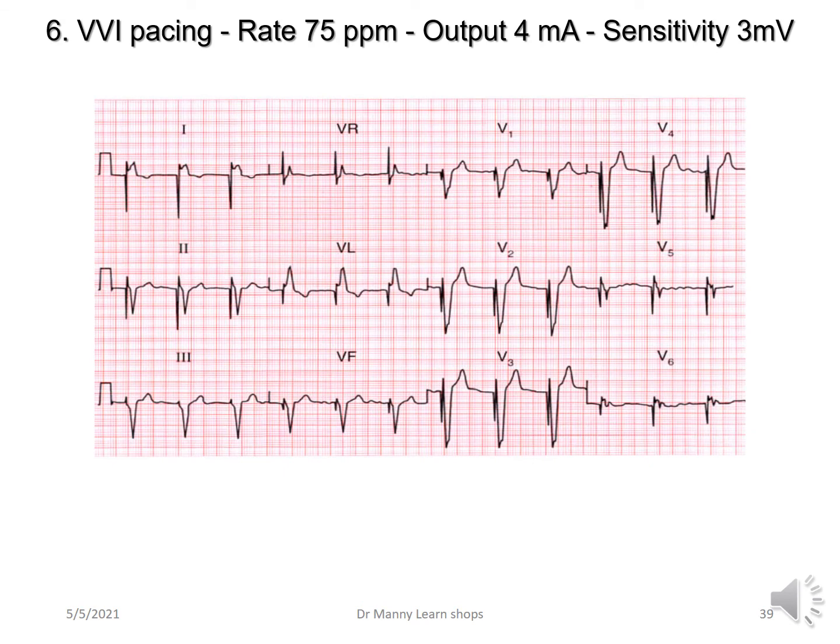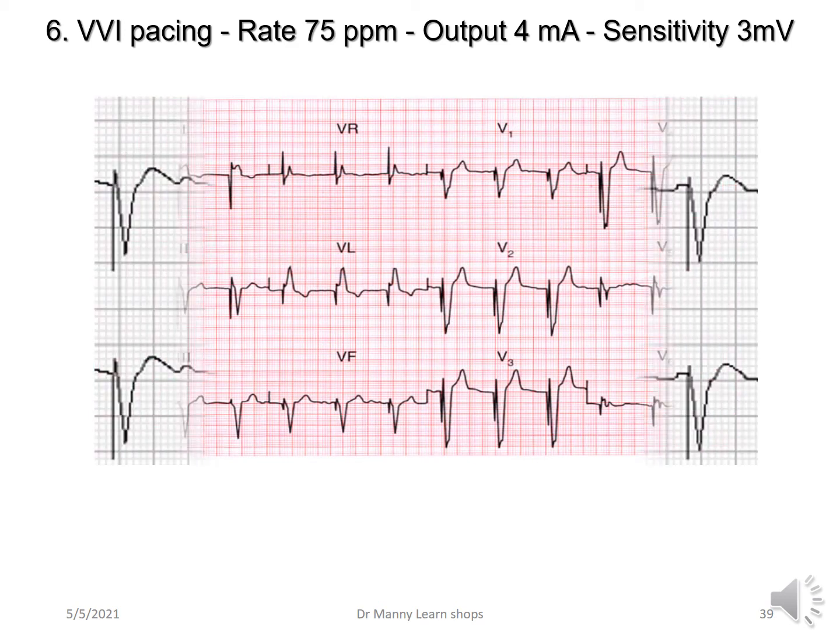VVI pacing again. Most common mode used in temporary pacing. Single chamber. The rate 75 pulsations per minute, output 4 milliamps, sensitivity 3 millivolts, and then you notice something is different.